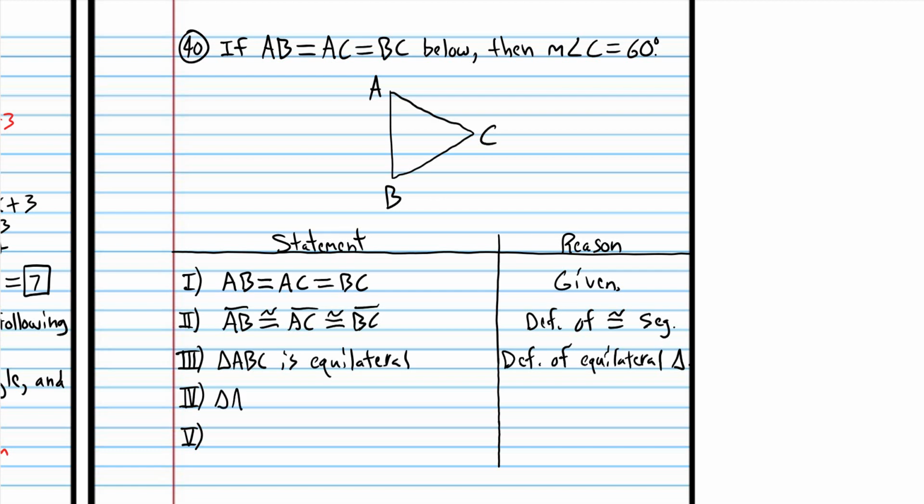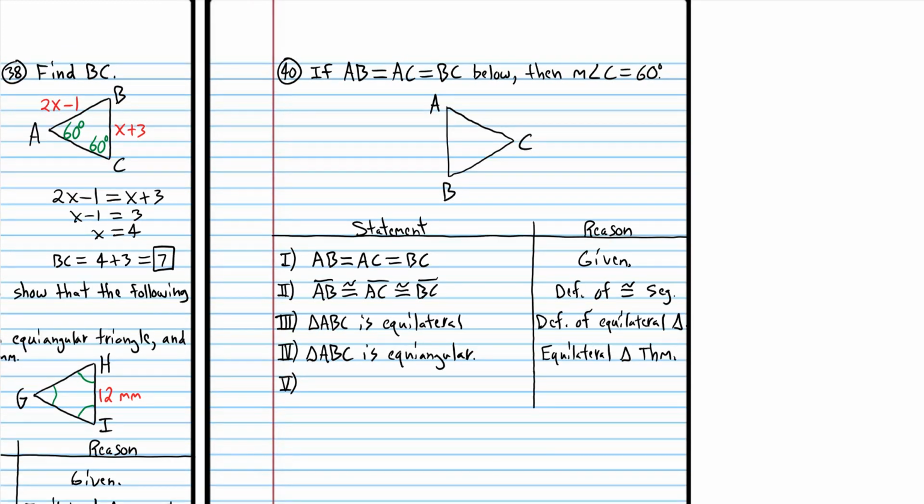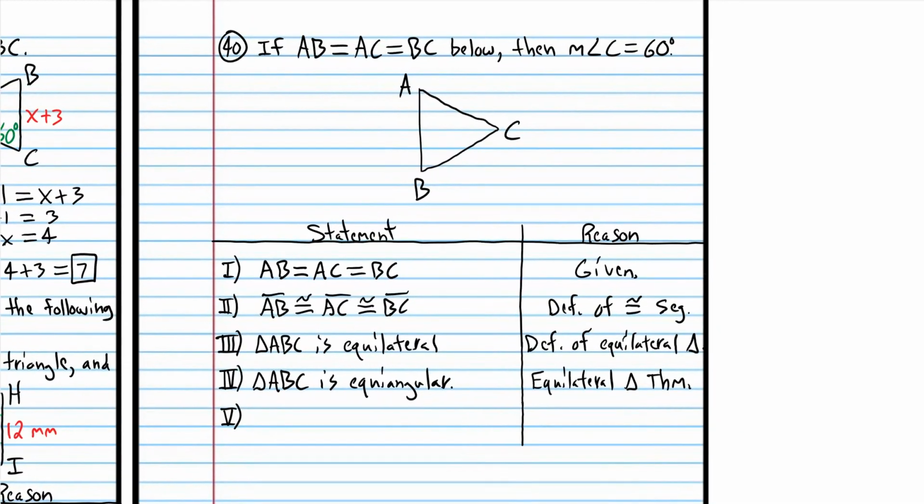So triangle ABC is equiangular, and that is the Equilateral Triangle Theorem. If ABC is equilateral, then it must be equiangular.